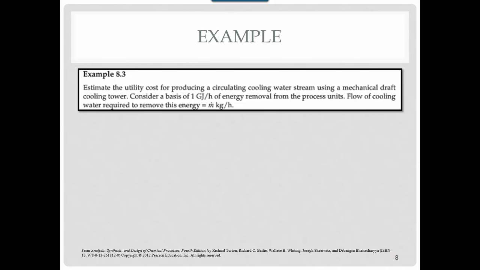These are the things that you've seen on tops of buildings, for their air conditioning systems, etc. In this particular case, we're going to use a basis of 1 gigajoule per hour of energy removal from the process unit. And we want to figure out what the flow of cooling water is, as well as the utility cost.